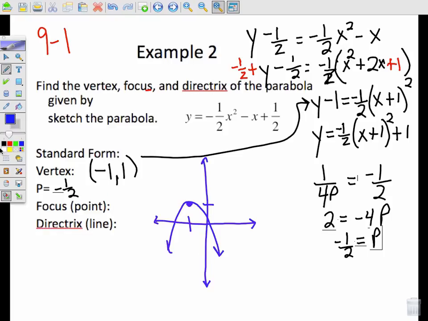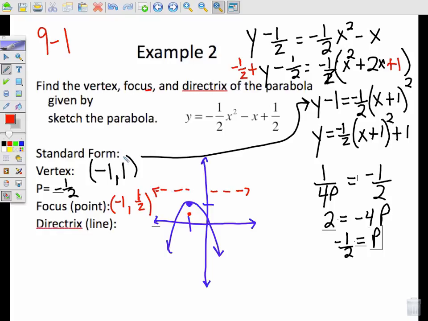As far as where our points are, let's find the focus. So the focus is going to be 1/2 unit down. So the focus is right here. That would be the ordered pair negative 1, comma, 1/2. And then the directrix would be the other side up here. So I need to add a 1/2 to the vertex.